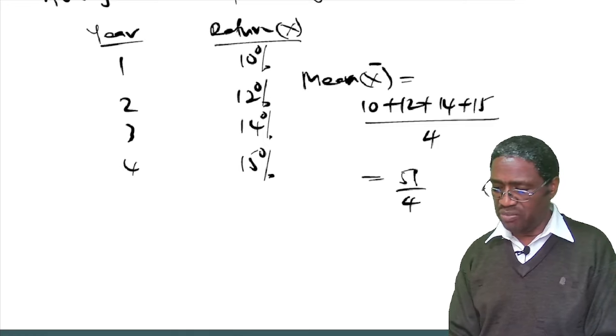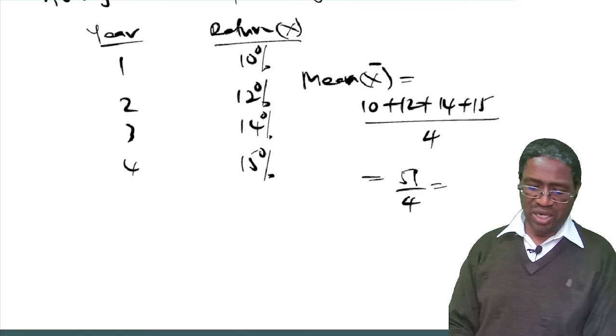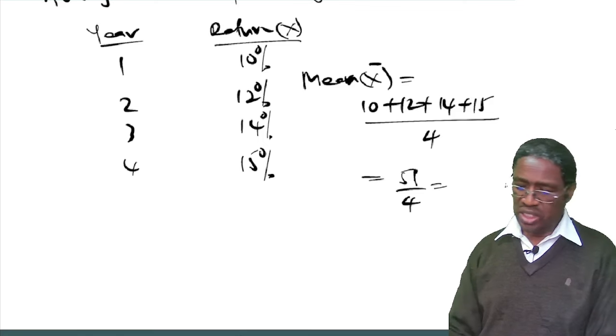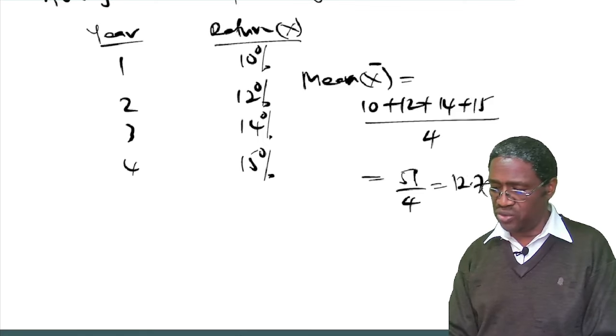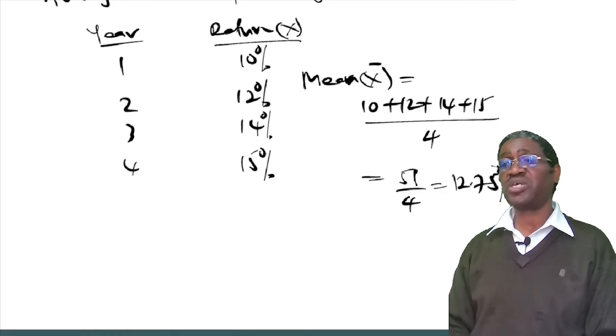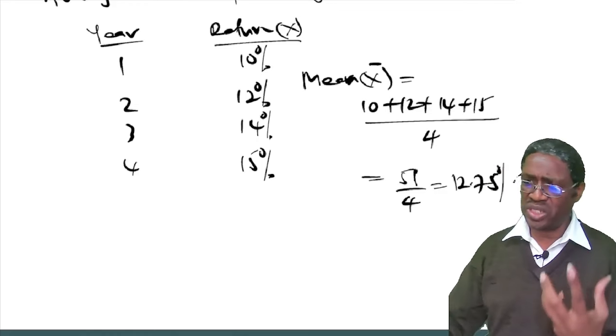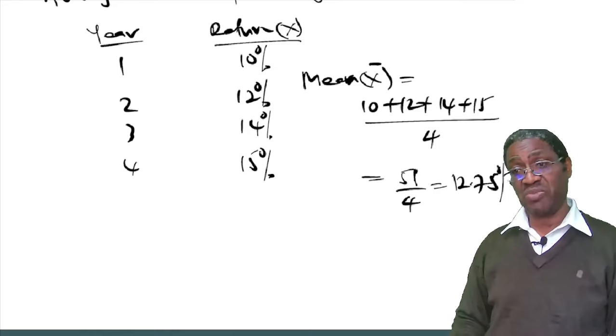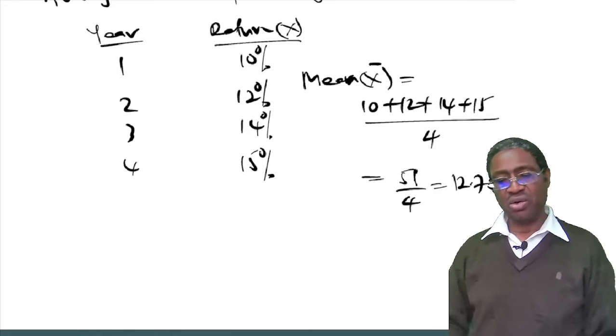If I divide that by 4, that gives me an average return of 12.75%. So that's what we are saying is the average return on your investment.